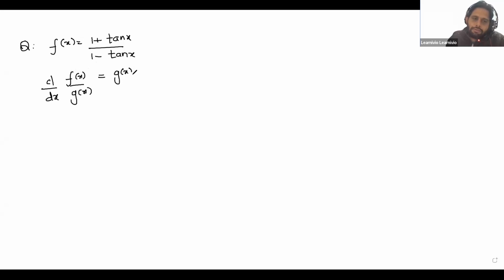The rule: keep g(x) as it is, differentiate f(x), minus f(x) as it is, differentiate g(x), divided by denominator whole square.